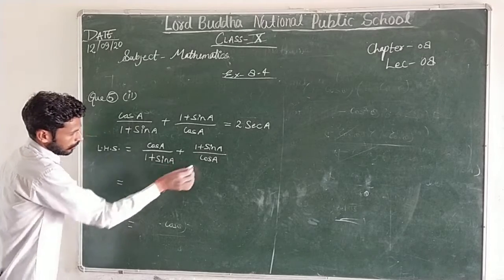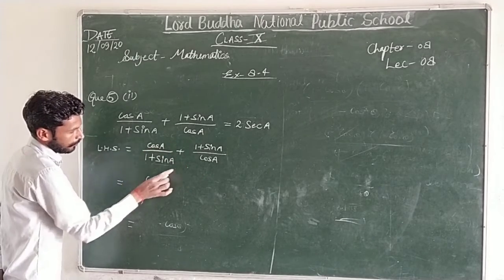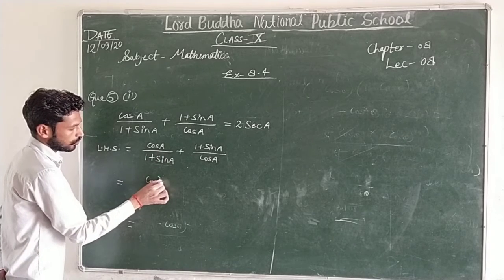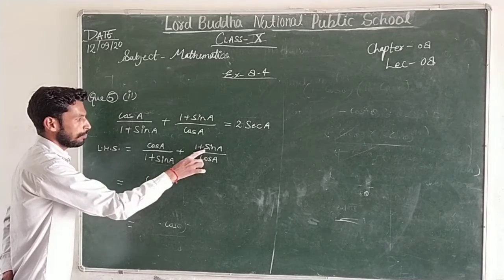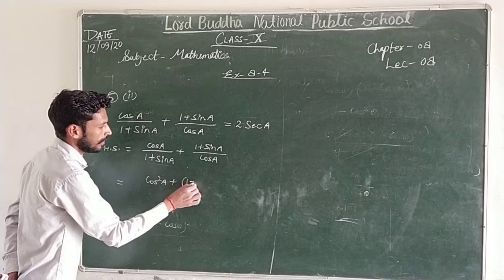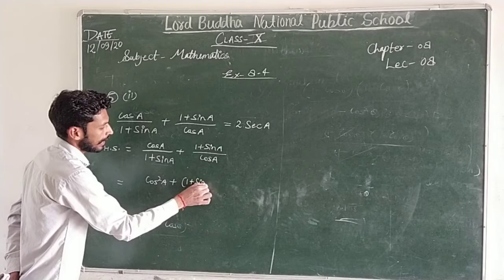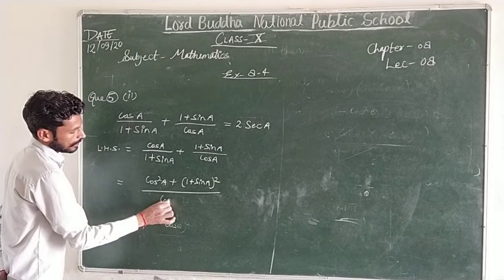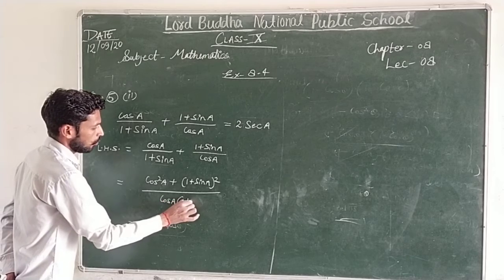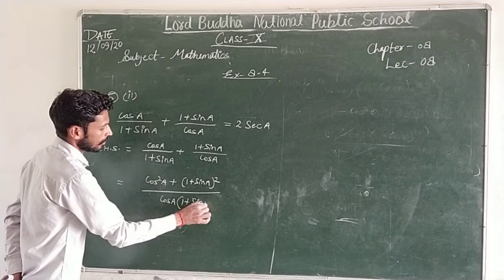Now by cross multiplication we can write it as cos square A plus (1 plus sin A) multiplied by (1 plus sin A). So we can write here (1 plus sin A) whole square divided by cos A in bracket (1 plus sin A).